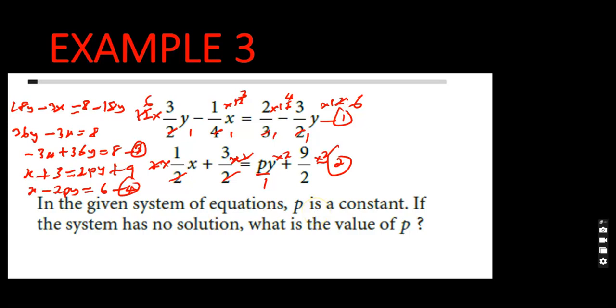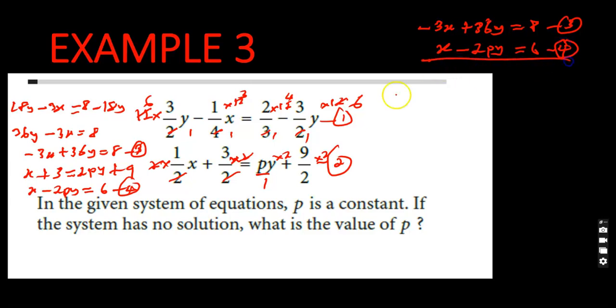What are equations 3 and 4? Equation 3 is minus 3x plus 36y equals to 8. Equation 4 is x minus 2py equals to 6.